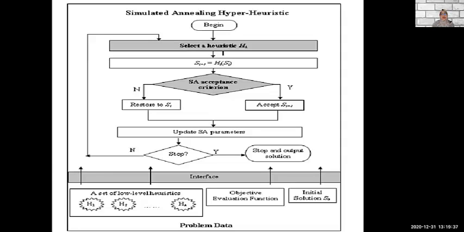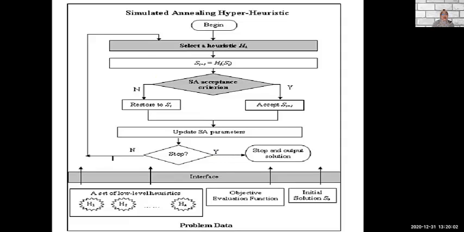The low-level heuristic can be a meta-heuristic too, or just a move operator or a swap operator. The framework allows the researcher to combine different neighborhood structures and different meta-heuristics in one method.